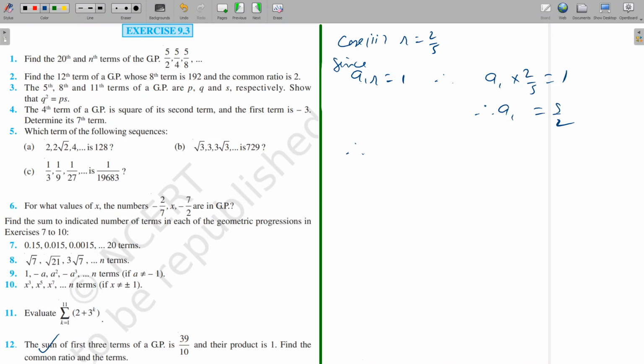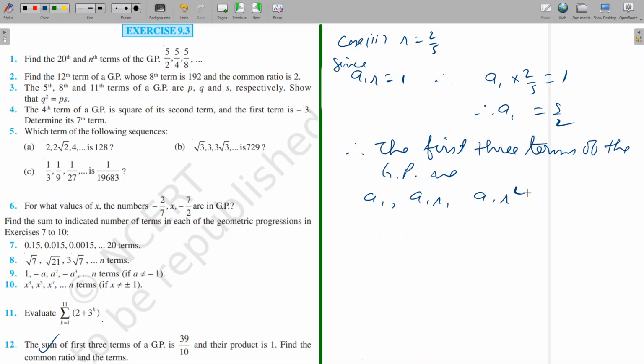So therefore, the first three terms of the GP are A1, A1R, A1R square. What is our A1? 5 by 2. And what is A1R?